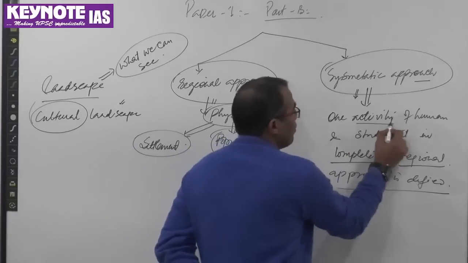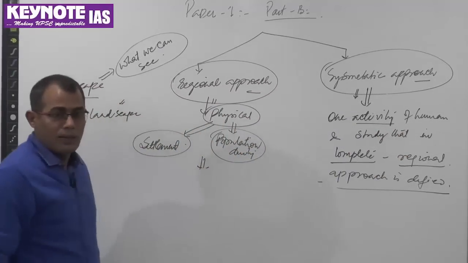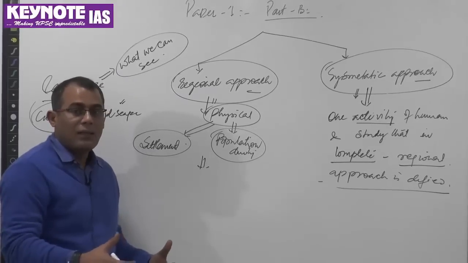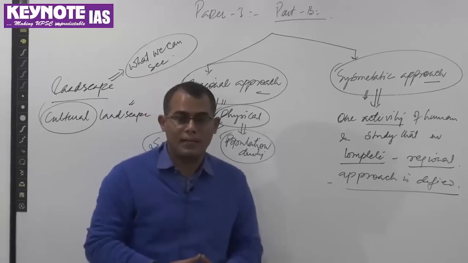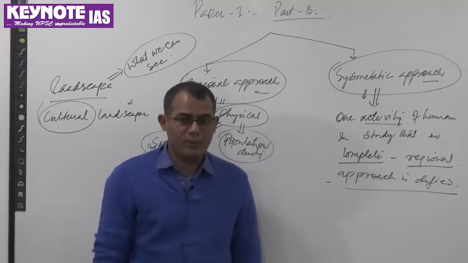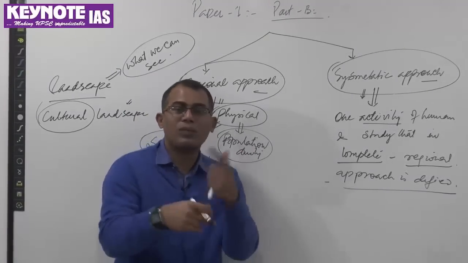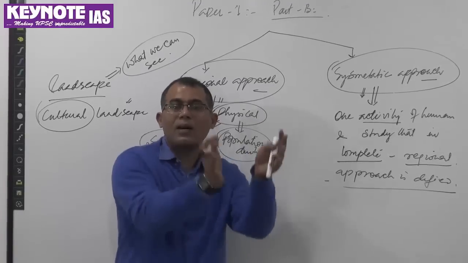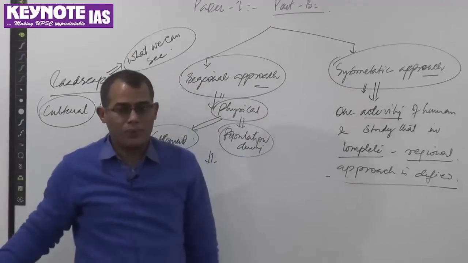That is, for example, let's say I have taken the example of the northern plain. When we are discussing every uniqueness of the northern plain and the reasons behind that, that is the regional approach. When we compare the northern plain to the peninsular plateau, it is again a regional approach. When we compare, let's say, India or the oriental world to the occidental world, that is a broad regional approach.